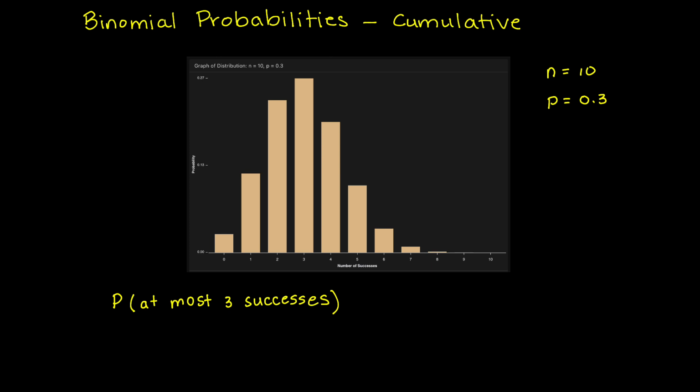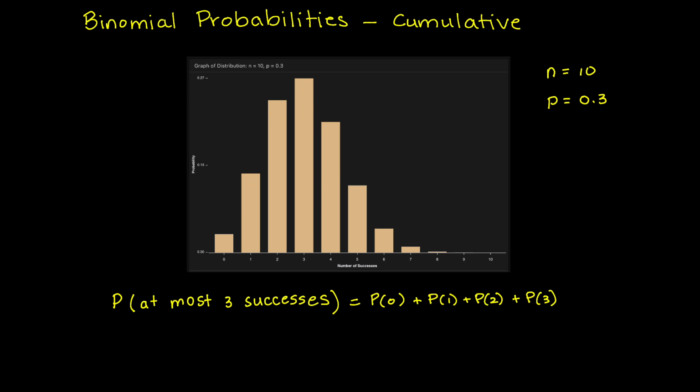If I want to calculate at most 3 successes, what I could do is use the binom PDF function in your calculator, calculate the probability of 0 successes, plus 1 success, plus 2 successes, and then plus 3 successes.